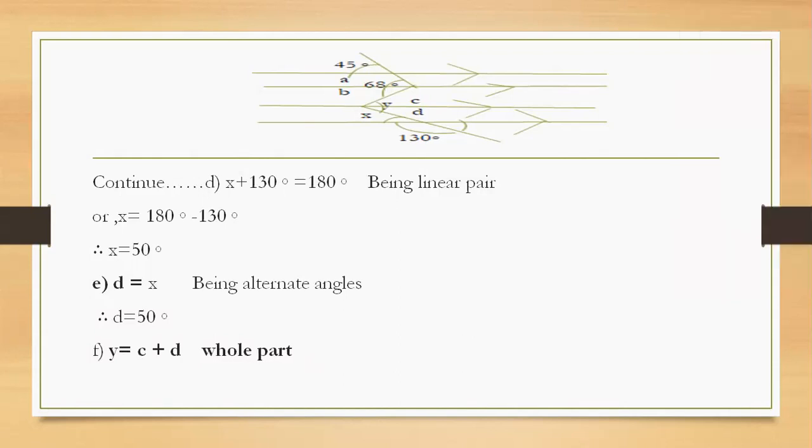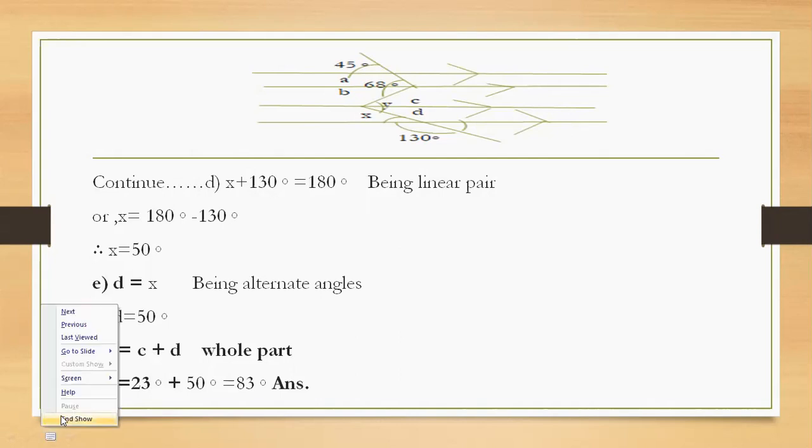Okay, now look here, I am going to show you the y value. Y value is C plus D, being whole part. And what will be the value of y then? Sir, 73 degrees. Which one? 23, sir, and Y answer will be 73, not 80. Okay, you are right. You are looking carefully on the screen.